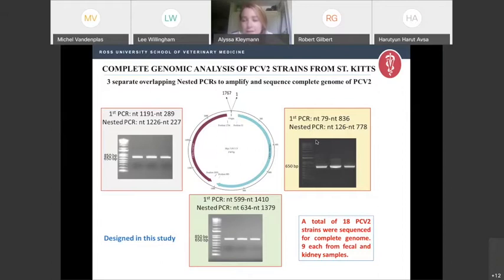And as you can see from these gel electrophoresis snaps, they're nice and clear and bright bands. And ultimately, a total of 18 PCV2 strains were sequenced for the complete genome in this way: 9 from the fecal samples and 9 from the kidney samples.